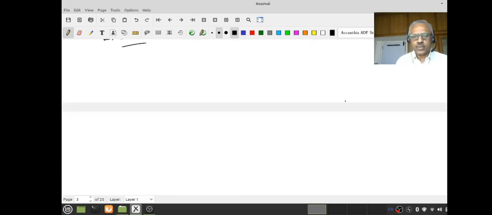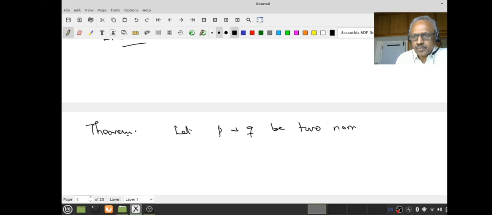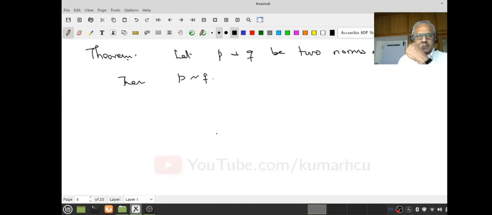Now, what is the main result I want to prove? Let P and Q be two norms on Rn, then P is equivalent to Q. Any two norms are equivalent.